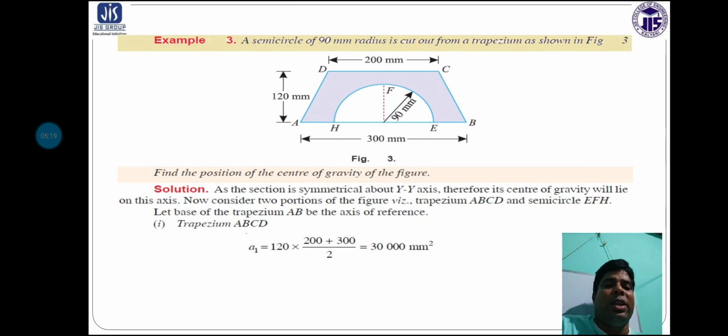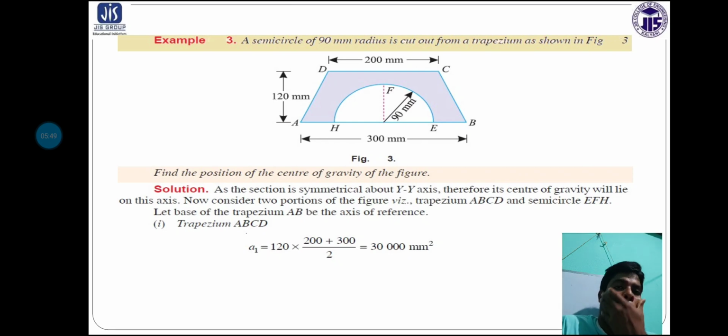The CG of the cut portion will be deducted from the whole figure. Suppose the total figure is a trapezium minus the semicircular figure. So the point calculated is the same as the standard CG of this figure.